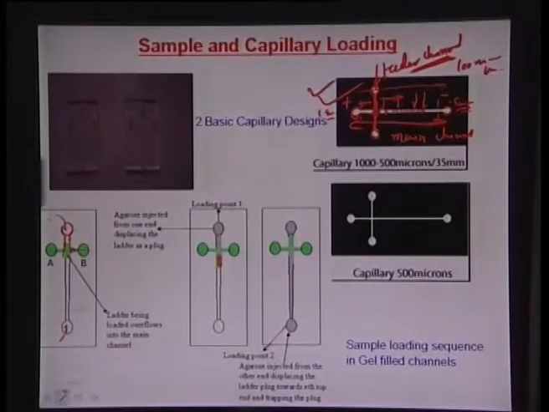If you present a negative electrode here and a positive electrode here, there would be a tendency of these DNA molecules to move through this gel, and as they move they would fractionate, and the sizes would be separated in this channel.